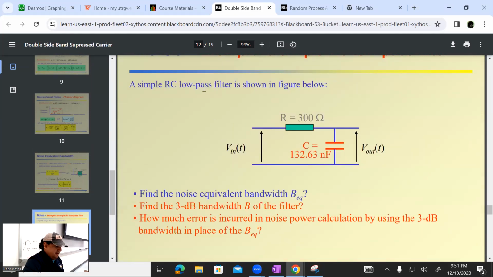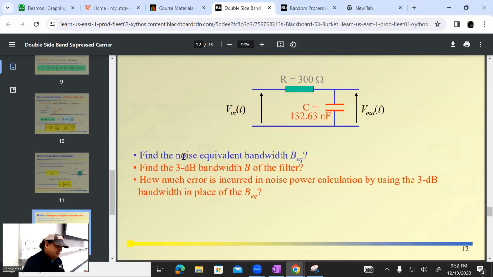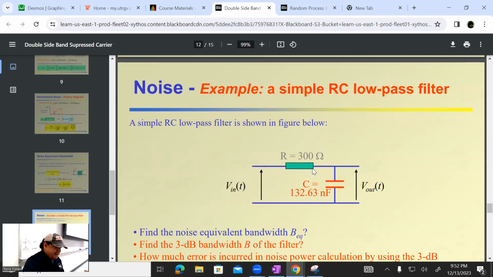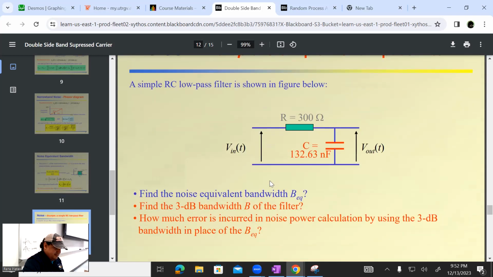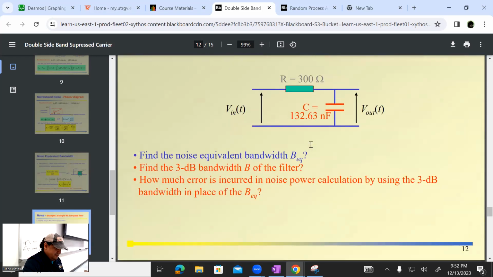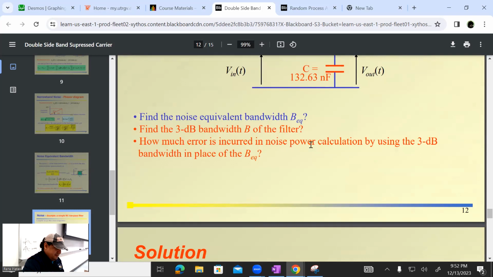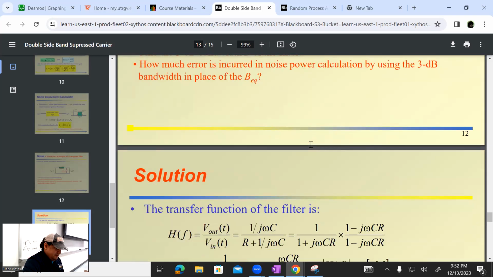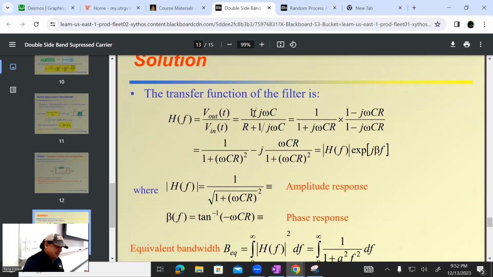A simple RC low-pass filter shown in the figure below. Find the noise equivalent bandwidth, B equals the transfer function squared integrated from 0 to infinity. So I have to find the transfer function for this, and then get that in the integral. Holy shit, the solution is... okay.